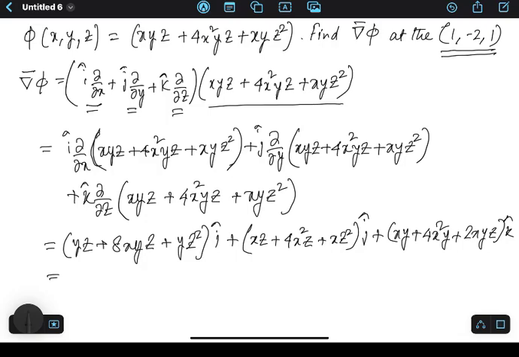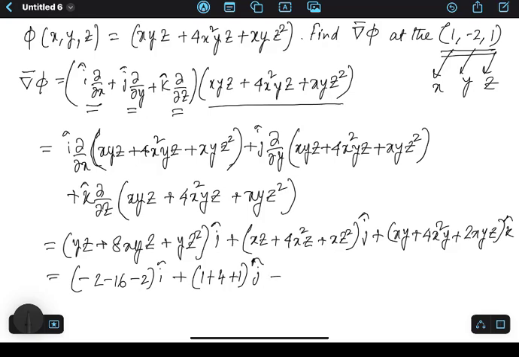So when I substitute these values, I have -2 -16 minus 2 i cap. When I substitute this x, this y, this z, then I have 1 plus 4 plus 1 j cap and minus 2 minus 8 minus 4 k cap.